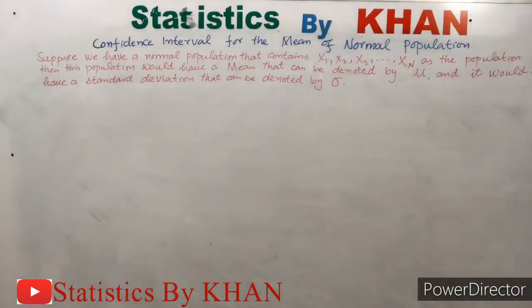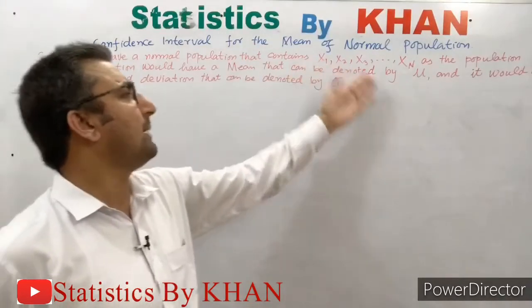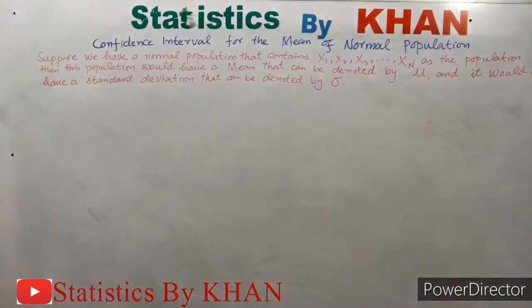These are the population units. Then this population would have a mean that can be denoted by mu. As we have assumed this population is normal, it must have a mean. That mean can be denoted by mu, and it would also have a standard deviation that can be denoted by sigma.